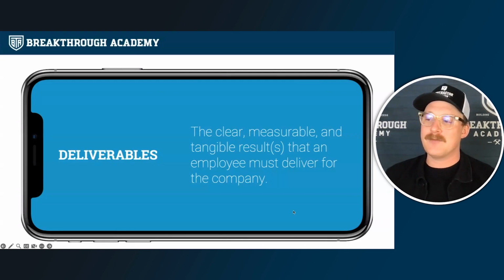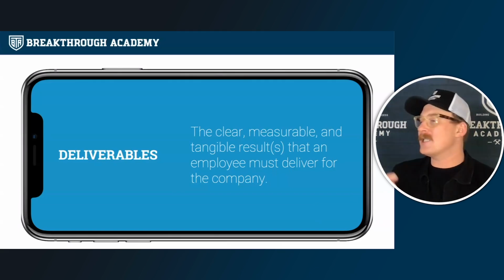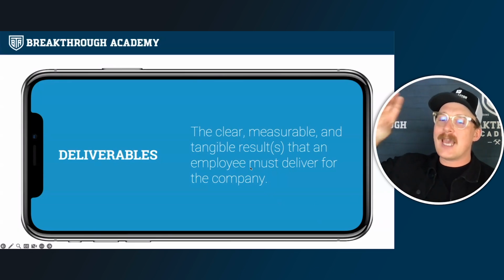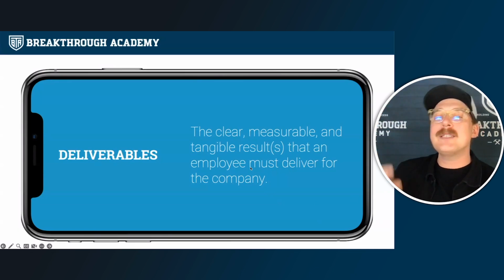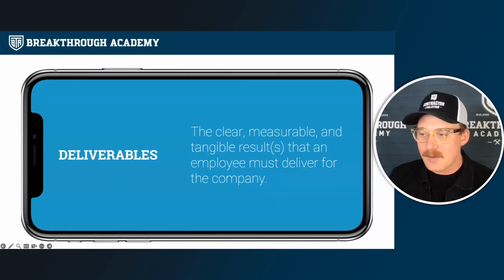You may have a deliverable about staff training or customer satisfaction, things like that. But these are the KPIs that when delivered, you're getting a return on investment for the salary that you're paying them, right?